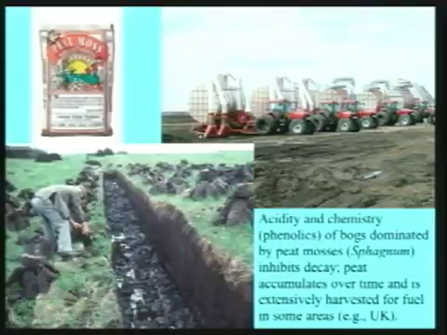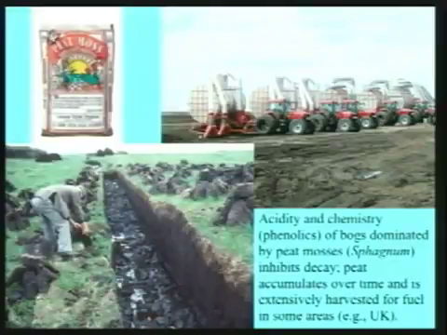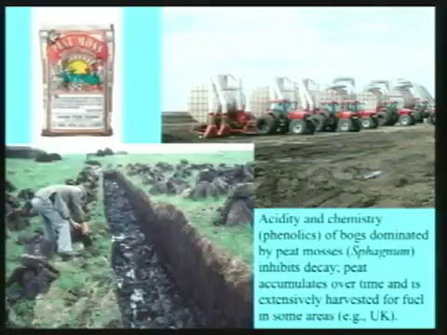And these are often found in boggy, saturated environments, and they impart acidity, low pH, and certain chemical properties to these bogs due to these phenolic compounds they produce that result in very low rates of decomposition in these bog environments.